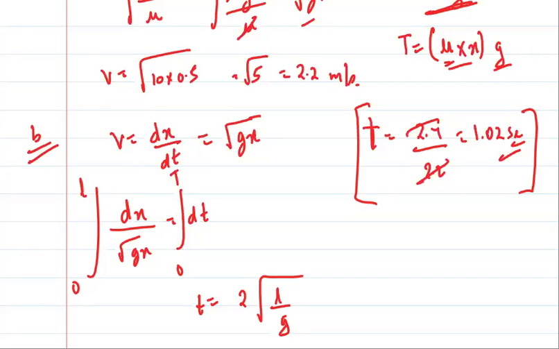Anisha, it will be 2 root L by g, right? X to power minus 1 by 2 integrates to X to power plus 1 by 2 divided by 1 by 2, which is 2x to power 1 by 2. Right? You know the value of L and g, put them in and the answer will come. So coincidentally this is also your 1 second.